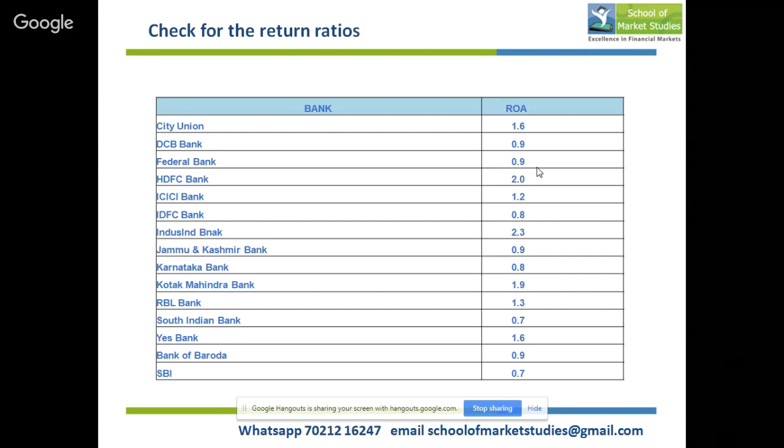So we had a universe of 10 banks. And within these 10 banks, IndusInd Bank has a ROA of 2.3, okay, which is huge. So that is clearly number one for us. Okay, IndusInd Bank.